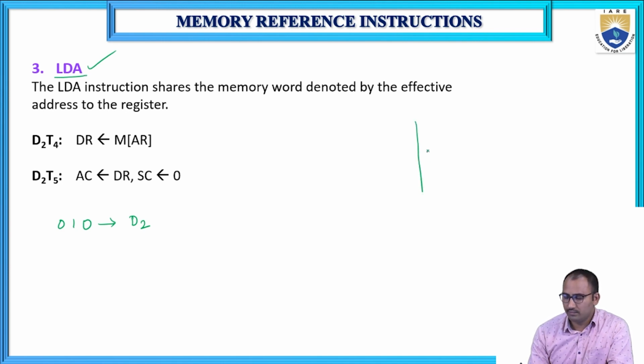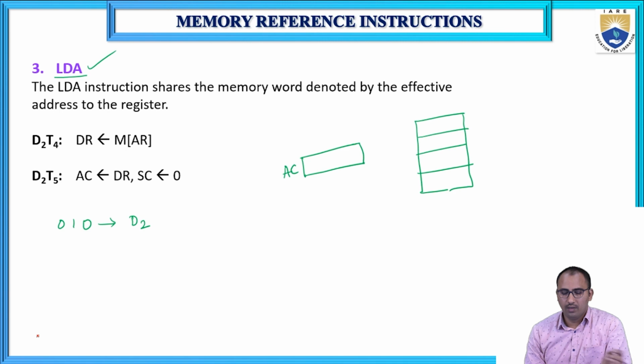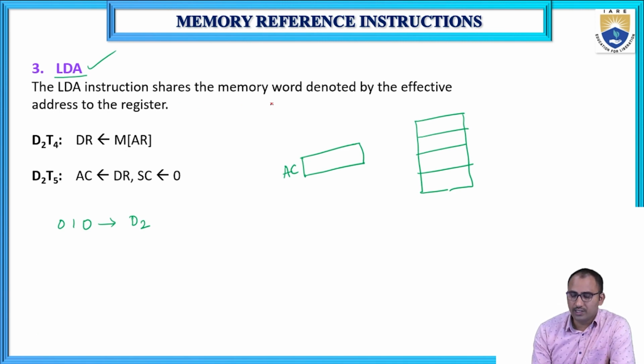See here, this load instruction transfers a memory word denoted by the effective address to the register. That means in memory we have a word, and that word we are copying to the register. So we are transferring the content from the memory to the register. That is load accumulator.